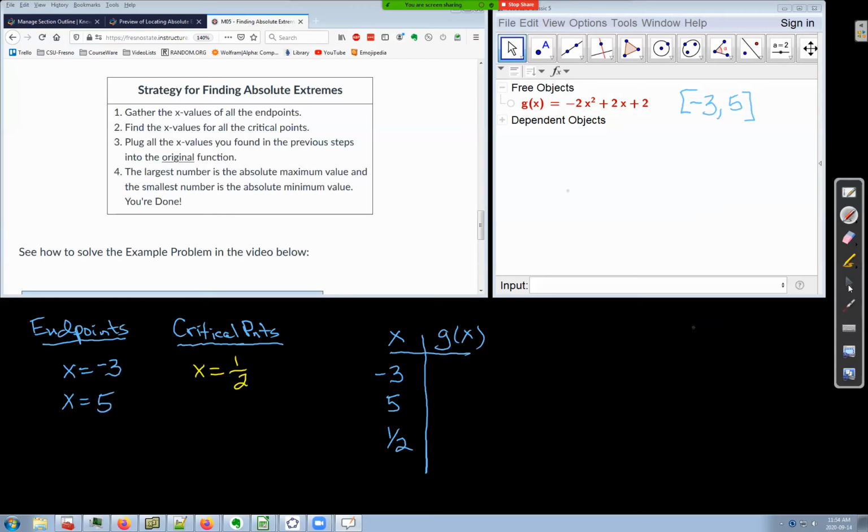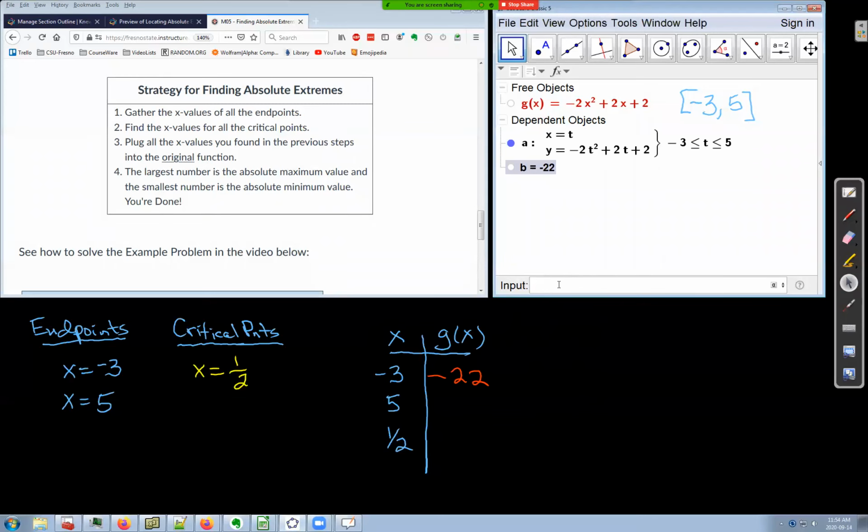I've got the function programmed into GeoGebra, so now I can literally just type g of -3. It tells me it's -22.